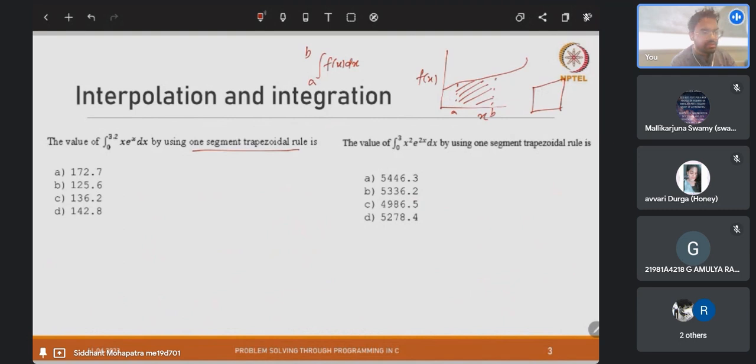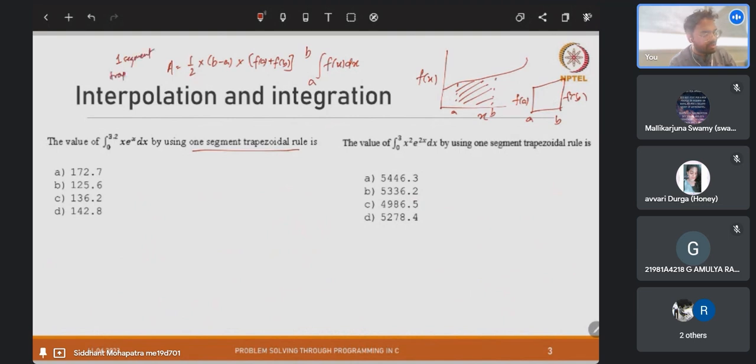If I take a one segment trapezium, that means from a to b we have this trapezium which has the sides f(a) and f(b), and the height is b minus a, and we have to calculate the area under the trapezium, which would be half into (b minus a), which is the height of the trapezium, into the sum of the sides of the trapezium, which would be this. So this is if it is a one segment trapezium, right?